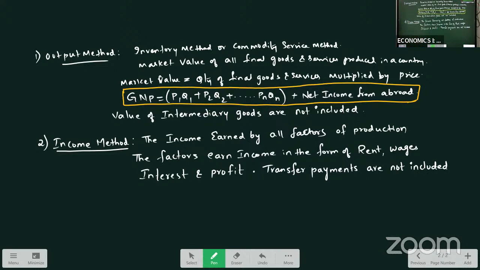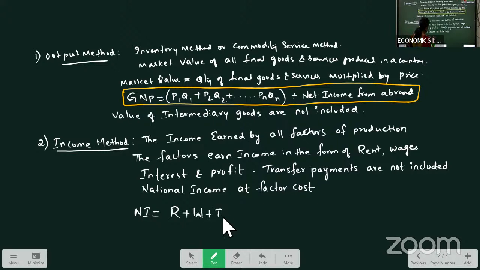So here we can say this is also called as national income at factor cost. Okay, so how we calculate the national income over here? National income is equals to rent plus wages plus interest plus profit. So this is how we have the formula under income method.